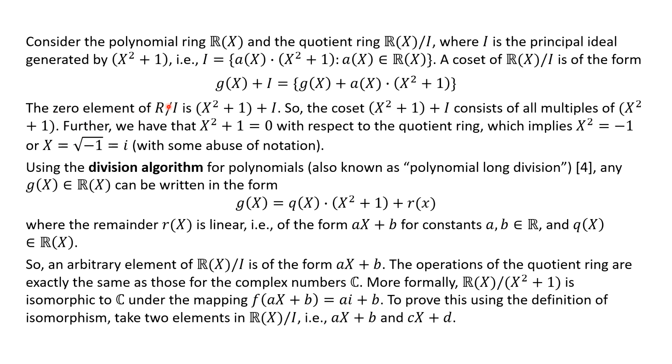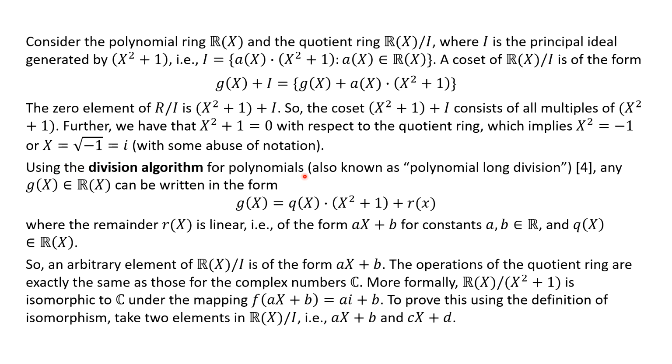The zero element of R[x] slash I is x squared plus 1 plus I. So the coset x squared plus 1 plus I consists of all multiples of x squared plus 1. Further, we have that x squared plus 1 equals 0 with respect to the quotient ring, which implies x squared equals minus 1, or x equals the square root of minus 1, which equals the imaginary number i. So a little bit of abuse of notation here, but you'll see why I've done this later.